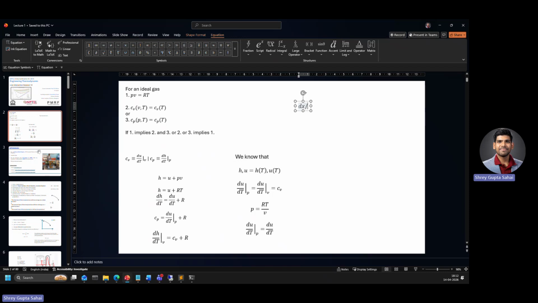The rule is dx by dy at a constant z, dy by dz at a constant x, and then dz by dx at a constant y is -1.